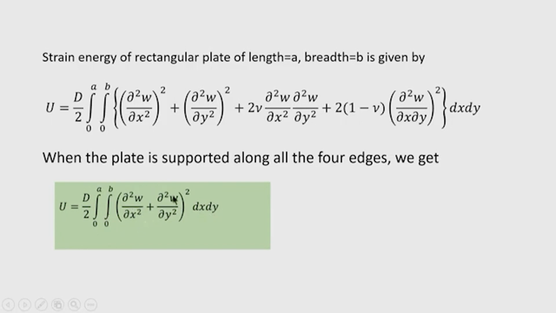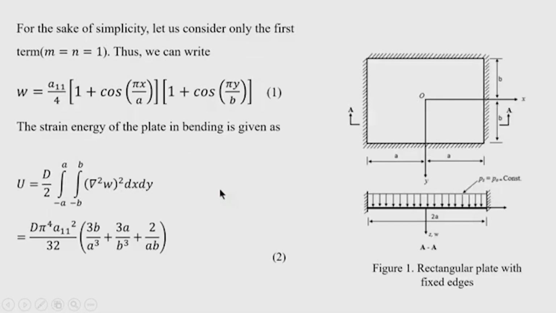This expression inside the bracket can be written as the Laplacian operator del square w, where del square is del square by del x square plus del square by del y square. Okay. Using this expression, now we calculate the strain energy of the plate taking only one term of the series.